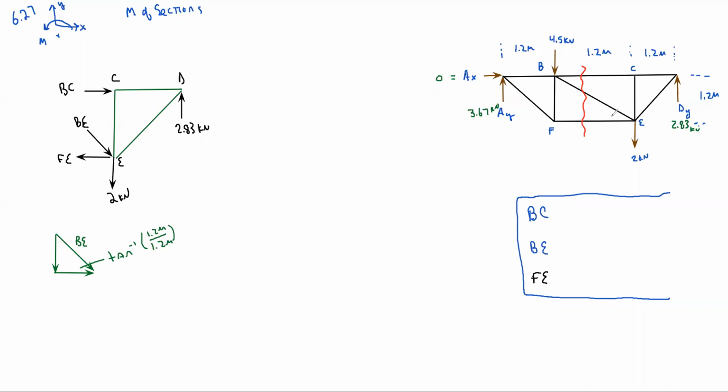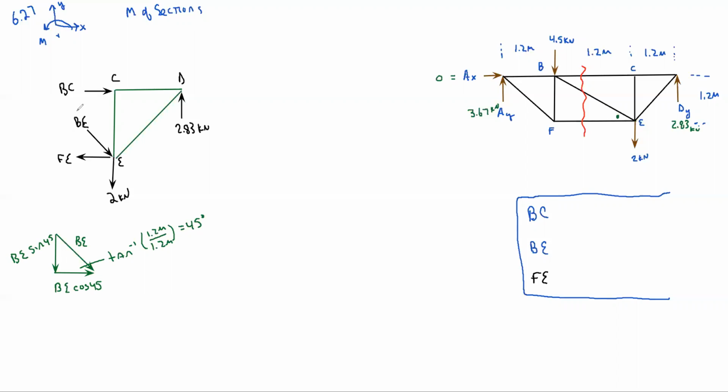The angle that we're looking at is this one here. So BF is 1.2 and FE is 1.2, and that equals 45 degrees. Meaning our y component is BE cosine 45 and our x component is BE sine 45. That should set us up for success.